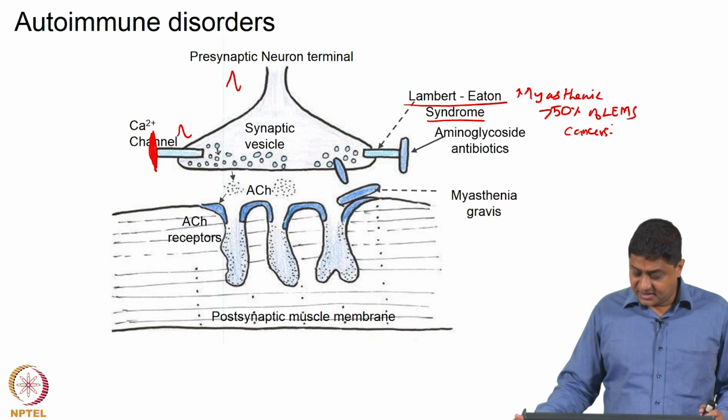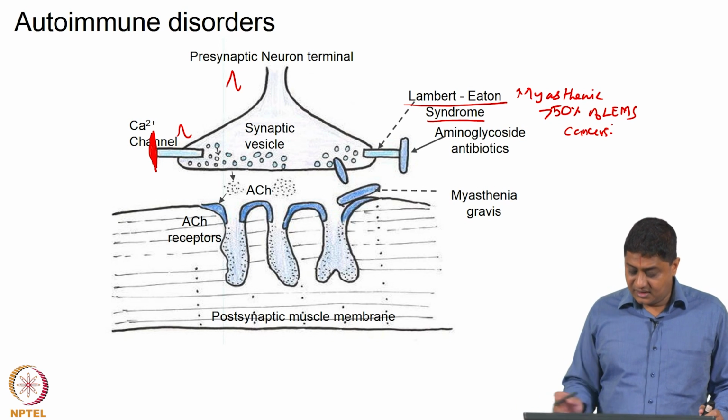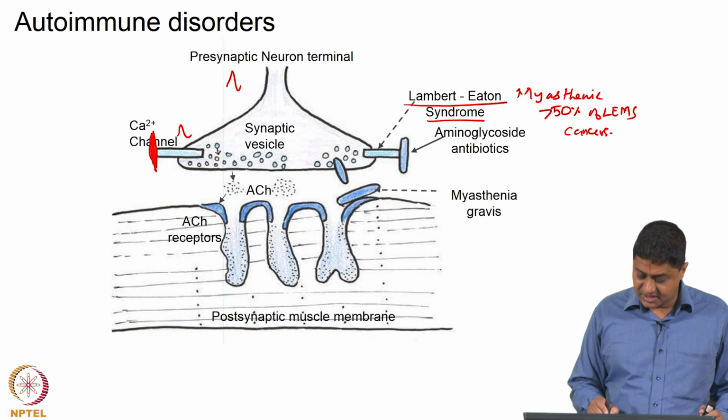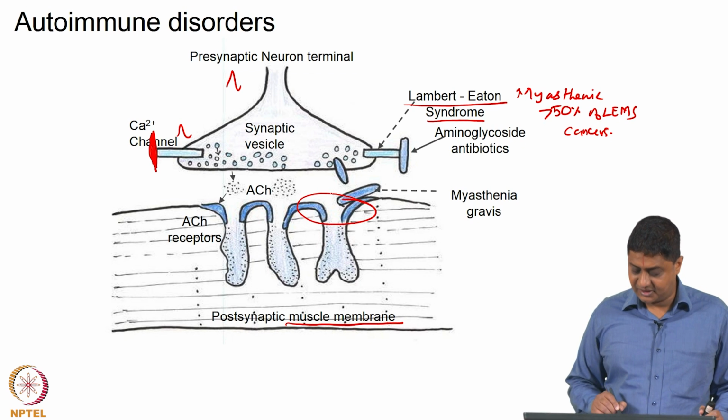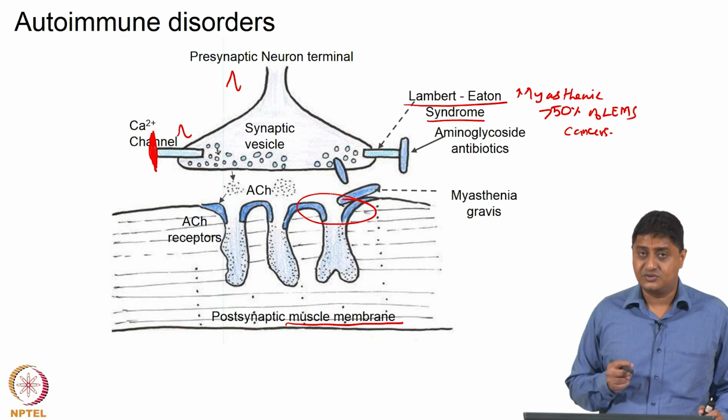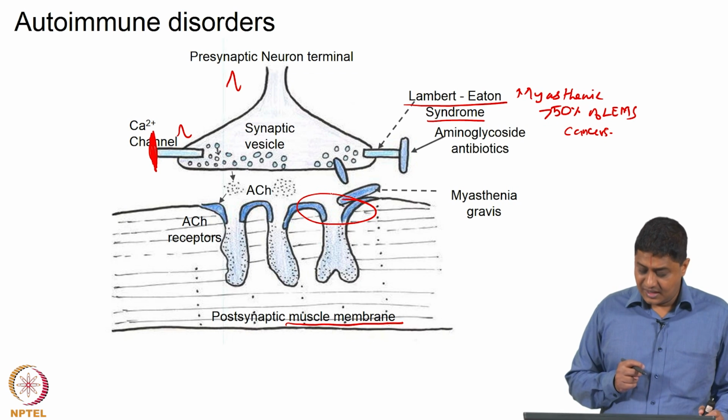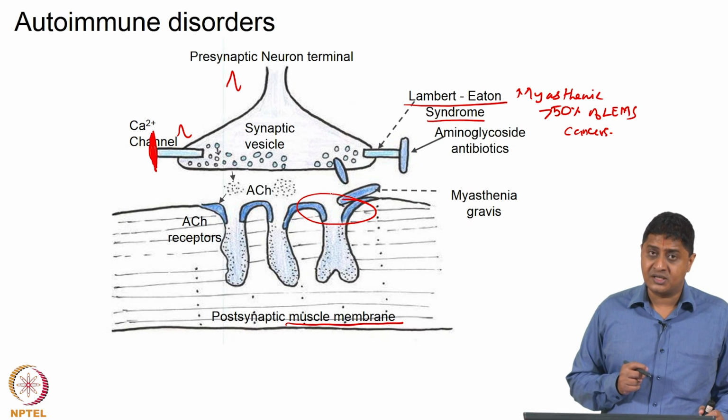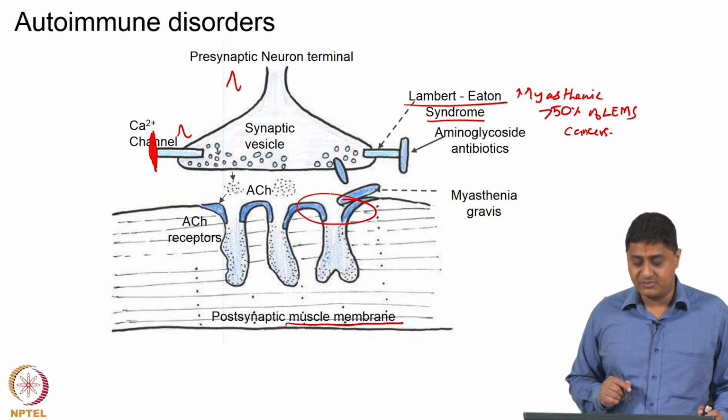The other thing is the nicotinic cholinergic receptors on the postsynaptic muscle side. So this is the postsynaptic muscle membrane. Here there are nicotinic cholinergic receptors that open whenever acetylcholine binds to them. These channels open, causing an influx of sodium in the muscle membrane.